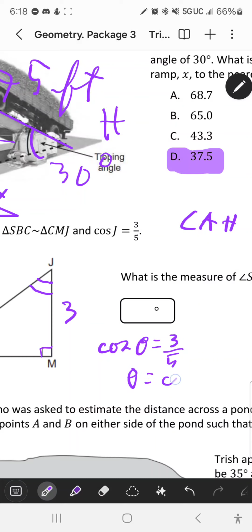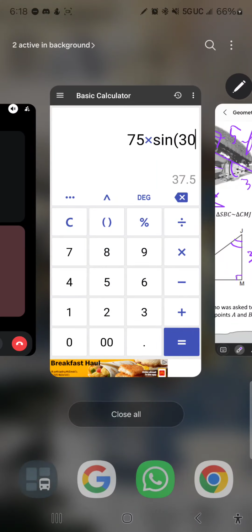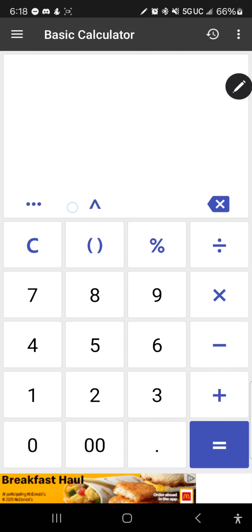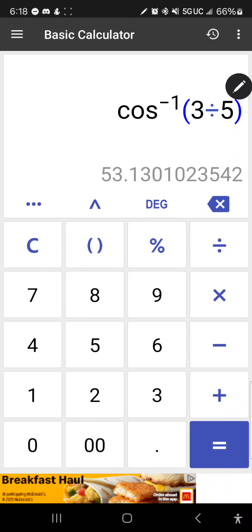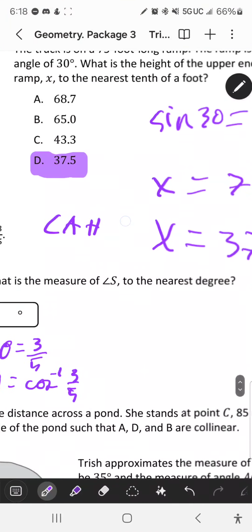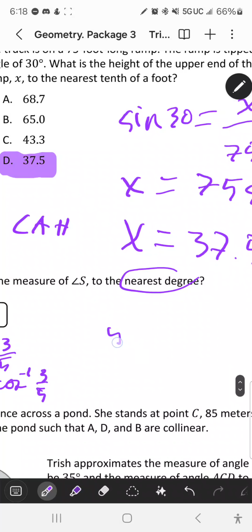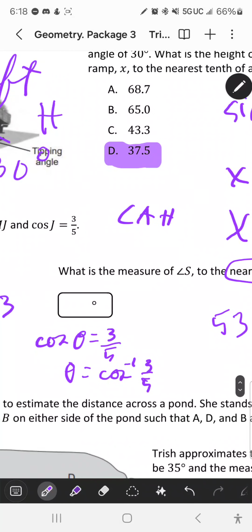So the angle will be the cosine inverse of 3/5. So I go here, cosine inverse 3/5. And it's about 53 degrees, to the nearest degree.